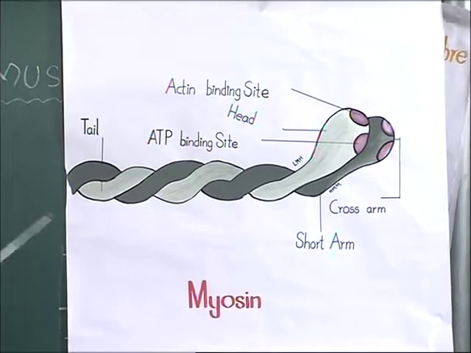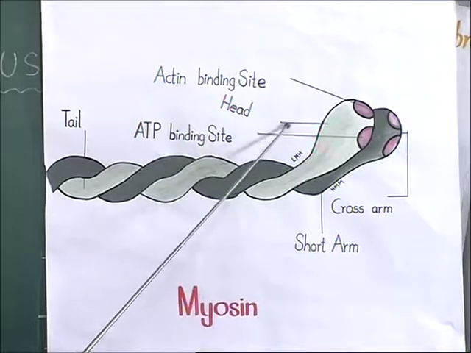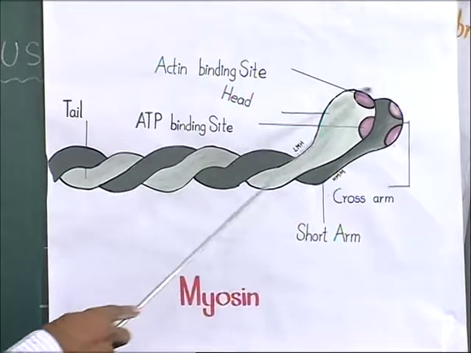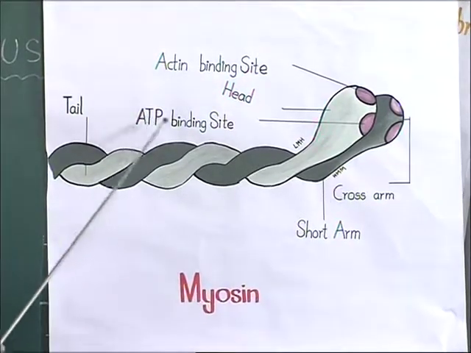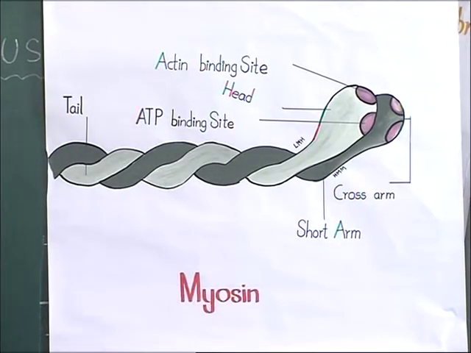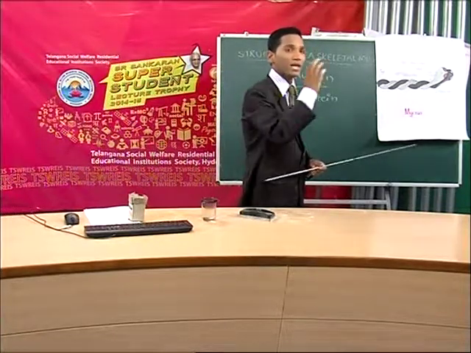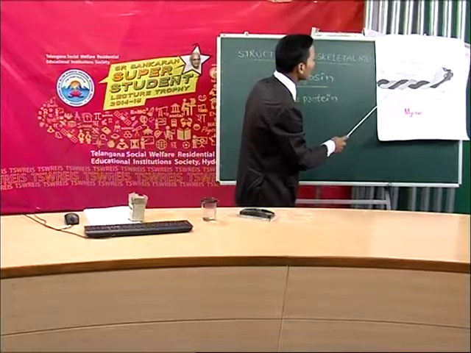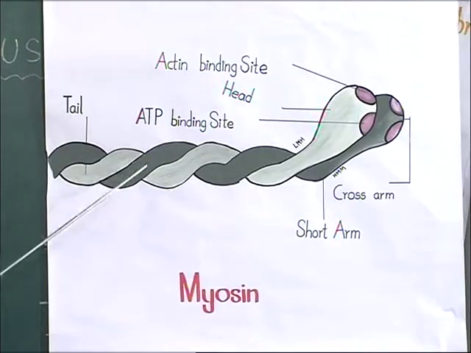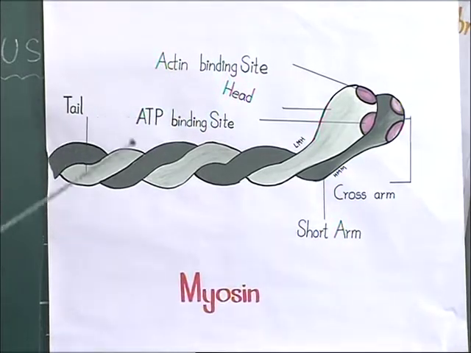Half of the myosin is present at the head region of the Z line and half of the myosin is present at the tail region of the Z line. So myosin is a motor protein, which means it is able to convert chemical energy into mechanical energy, and it is made up of two polypeptides, one and another, wrapped around each other.